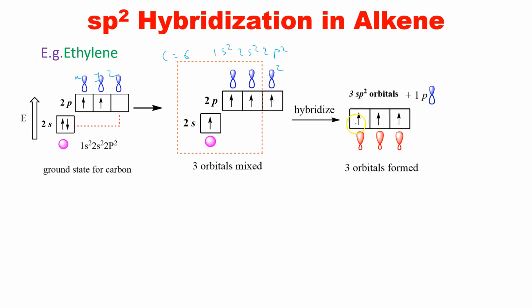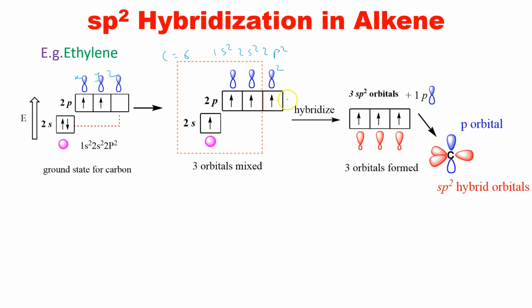Now you can see that the hybrid orbitals which have been formed contain three sp2 orbitals and one p orbital that is apart. That p remains and is not involved in the hybrid orbitals.